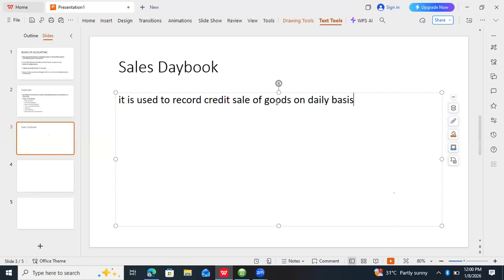Because the business can sell an asset, a fixed asset, but here we are looking at selling a current asset like stock or the goods. So be very careful when you are writing your answers. You'll be losing some half mark. So the sales day book is used to record credit sale of goods on daily basis. If you write used to record sale of goods, minus one, because you have omitted the credit.